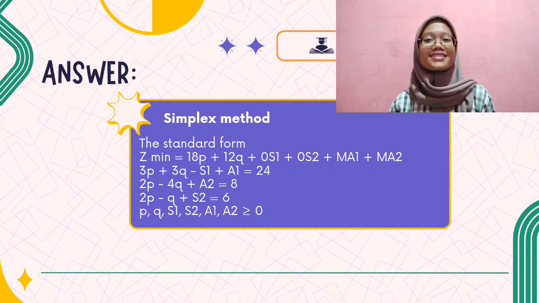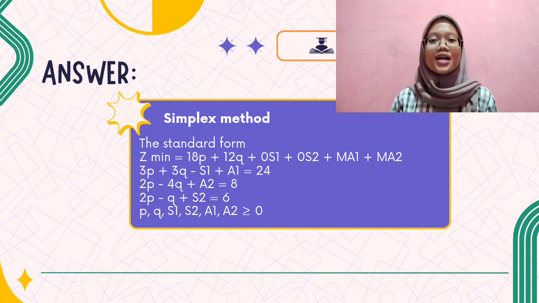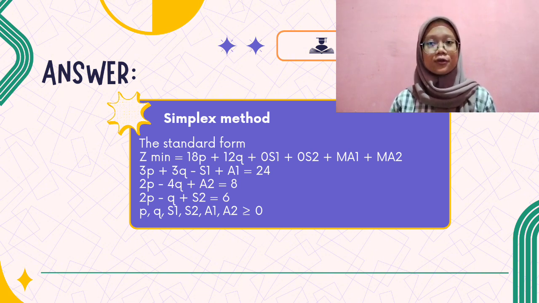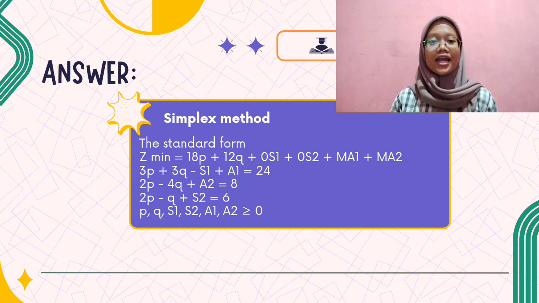And the standard form of the simplex is z minimum equals 18p plus 12q plus 0s1 plus 0s2 plus Ma1 plus Ma2, and 3p plus 3q minus s1 plus a1 equals 24, and 2p minus 4q plus a2 equals 8, and 2p minus q plus s2 equals 6, with p, q, s1, s2, a1, a2 more than or equal to 0.